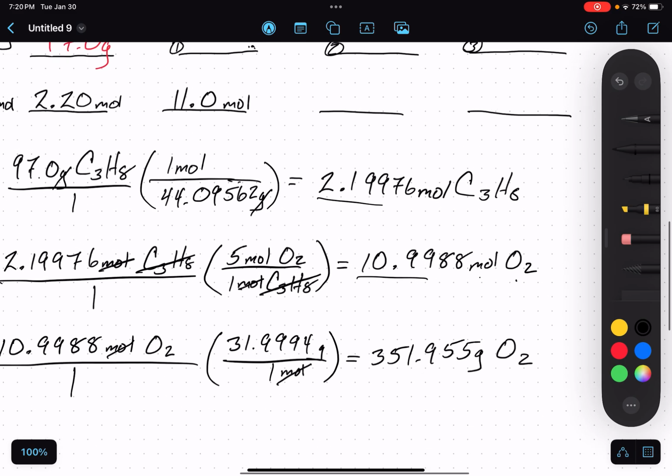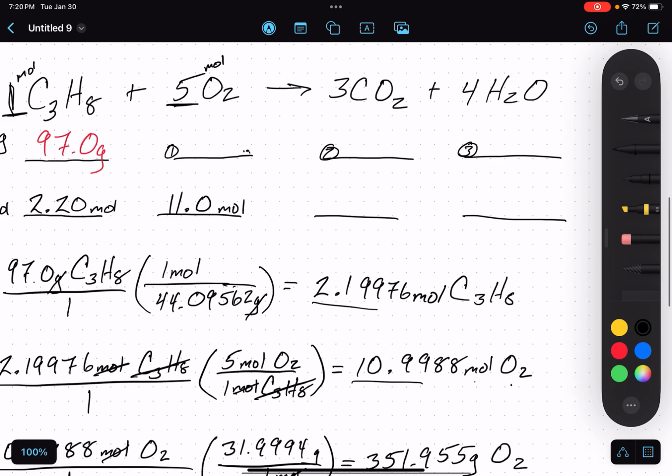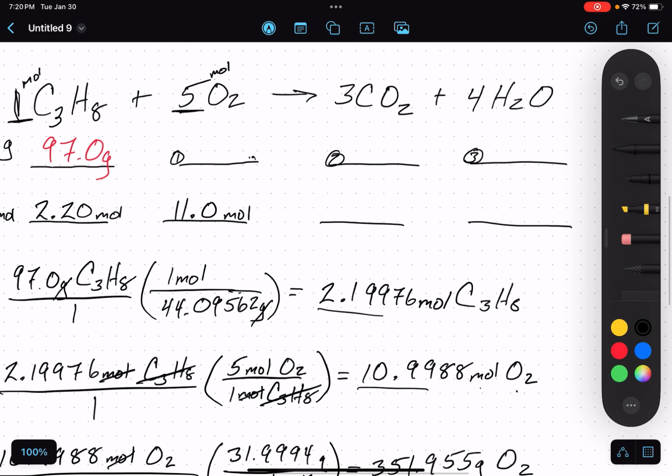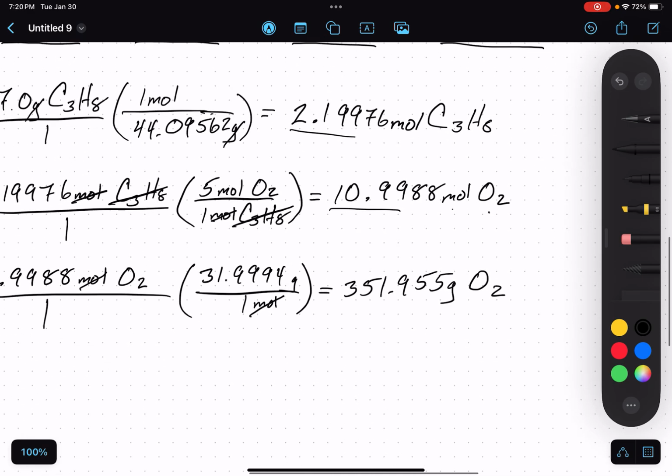I'm going to put that over here. If it was 3 significant figures, then I can round this to 352 grams. So 3 significant figures here.